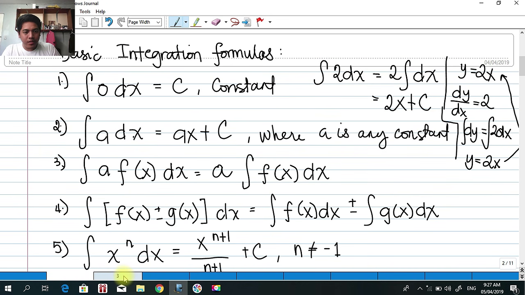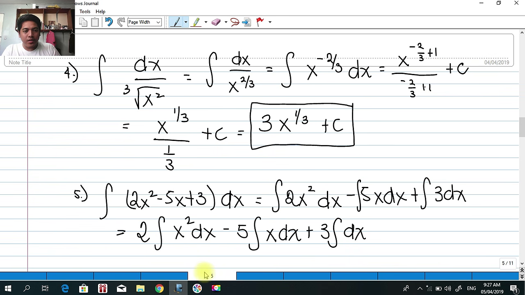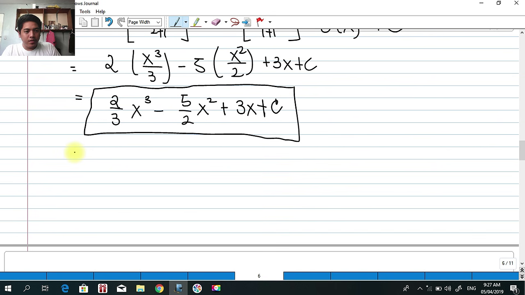for number 6, we have 1 minus x times square root of x. So number 6, the integral of 1 minus x times square root of x dx. Okay?